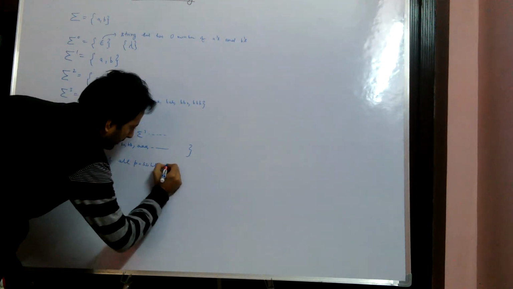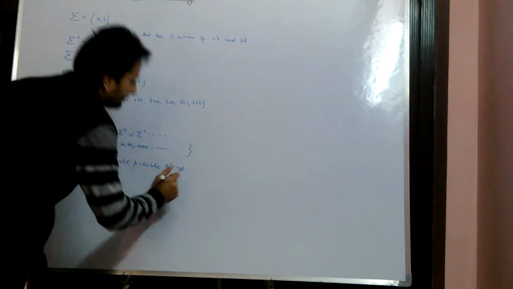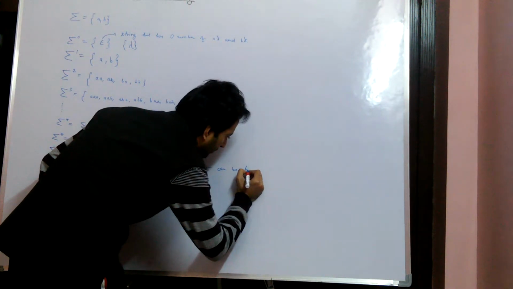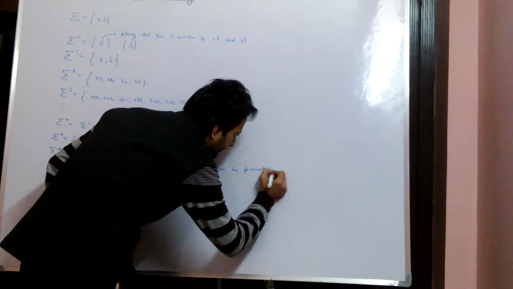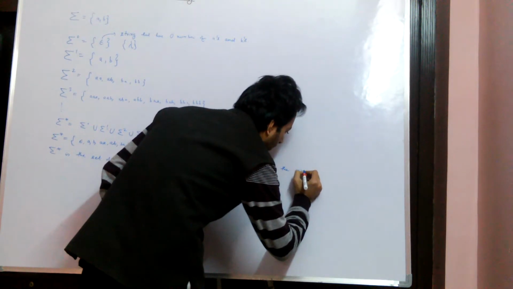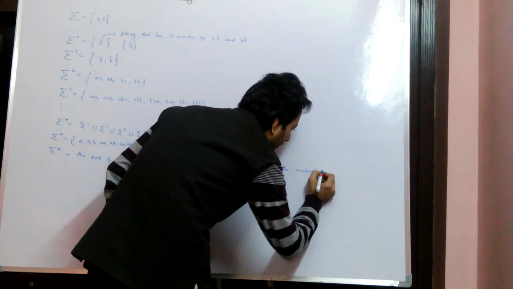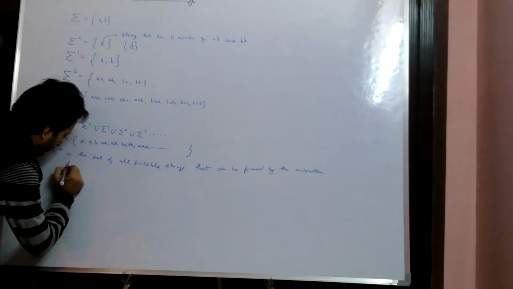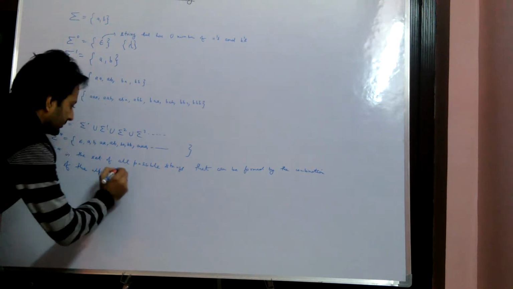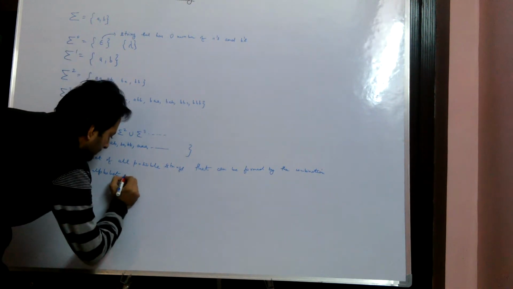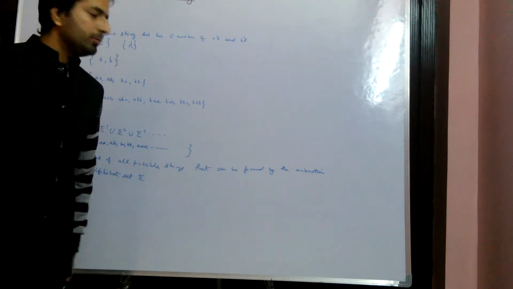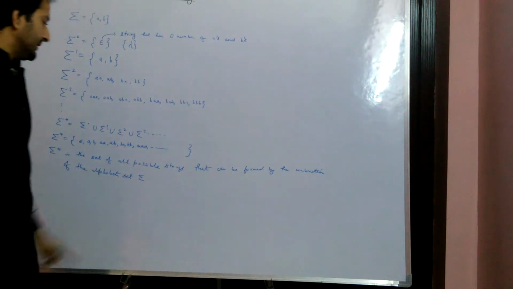Sigma star is the set of all possible strings that can be formed by the combination of the alphabet set sigma.